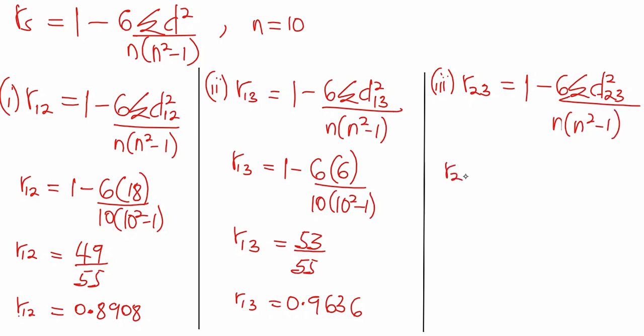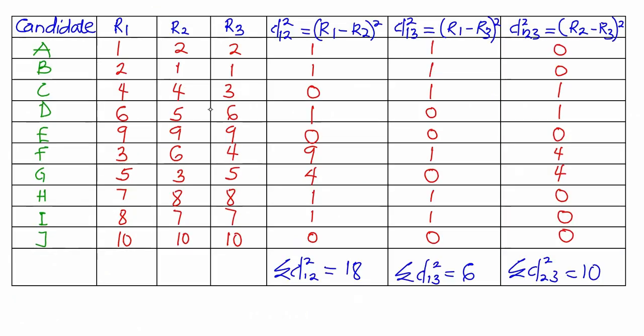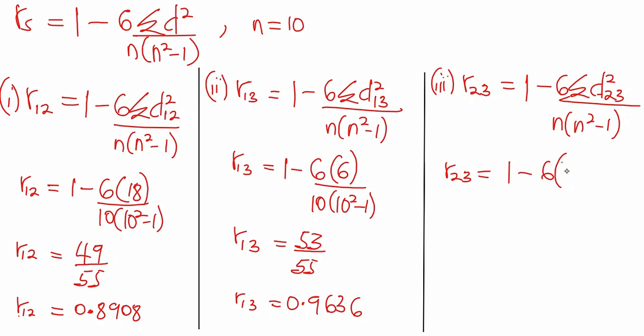So substituting gives us 1 minus 6, and the summation for examiner 2 and 3 with respect to their difference squared, here we had 10. So we go back and substitute, have our 10 here, divided by, so our n is 10, that is 10 squared minus 1. So the R of 2, 3 in simplified form gives us an answer of 31 on 33.